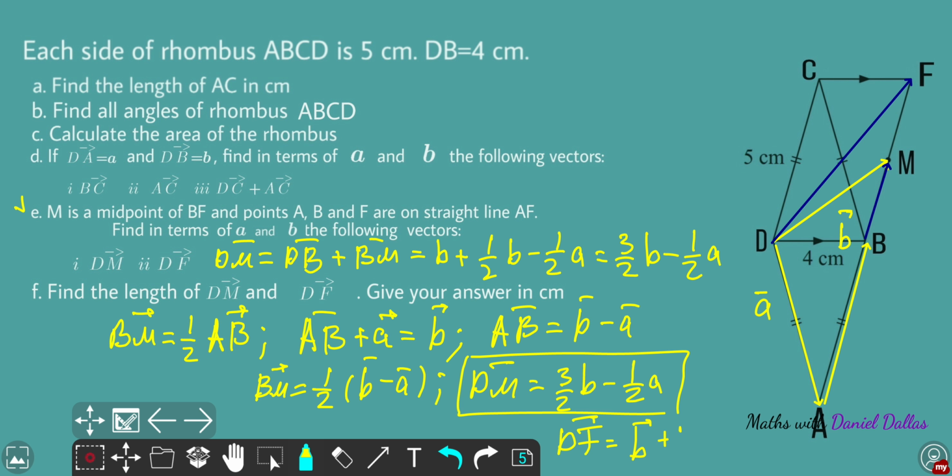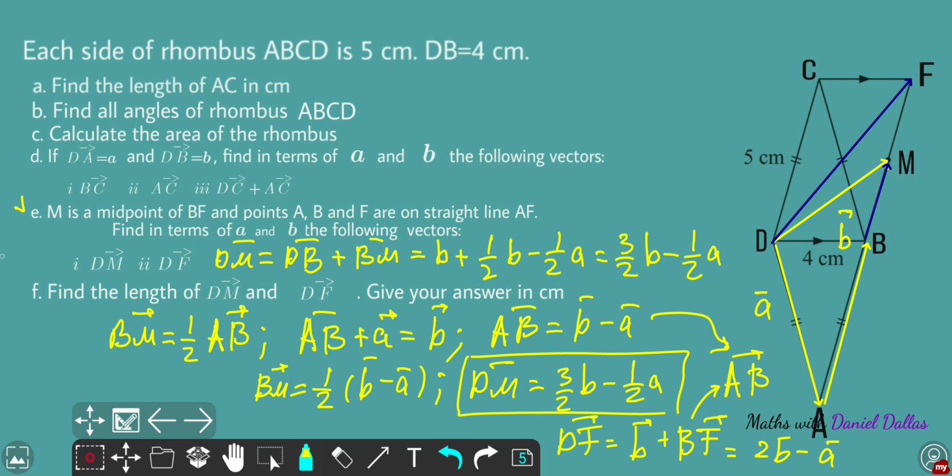So we can write plus BF, but BF is the same as AB, and AB we already found here. That's AB. So finally we'll get 2B minus A. That's the answer for DF. We just plug the values, and that's why it's 2B minus A.